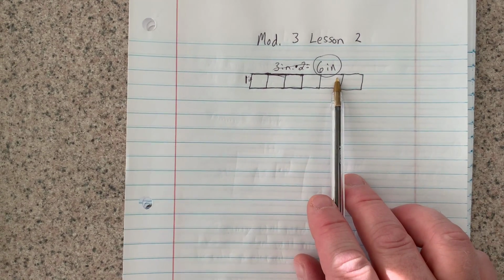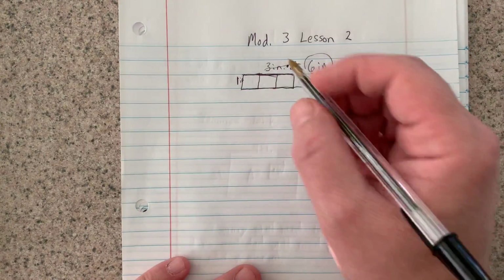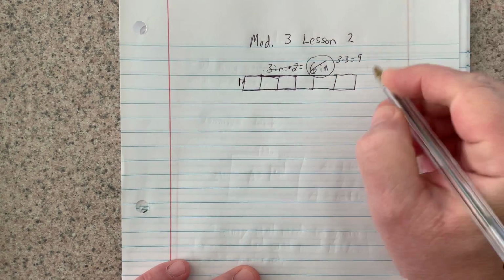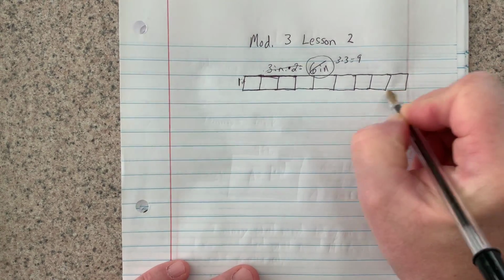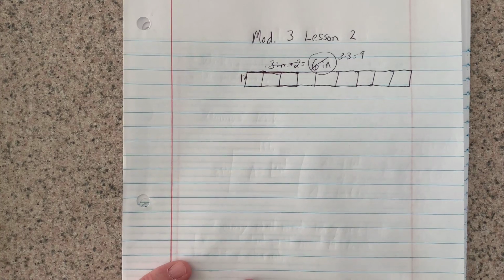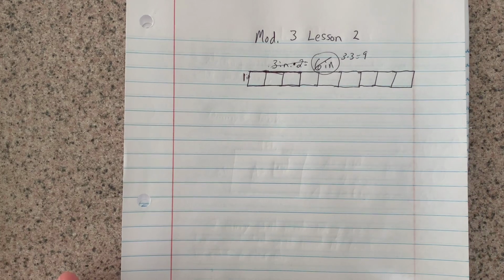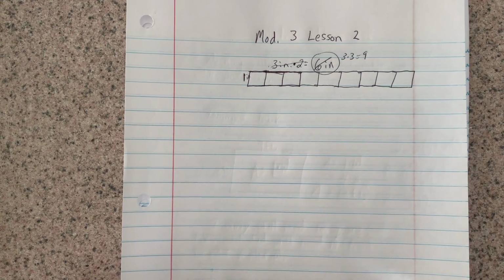Now, if we're going to make it 3 times as long as this, 3 times 3 equals 9. So we're going to add 3 more tiles. And now it's a 1 by 9. So we have the original length of 3 inches. The current length is 3 times as many. So 3 times 3 is 9, right?